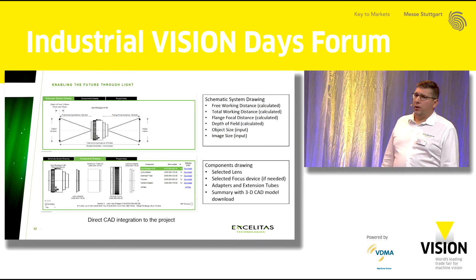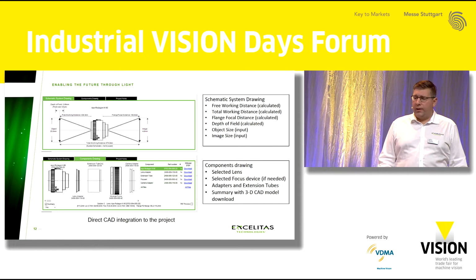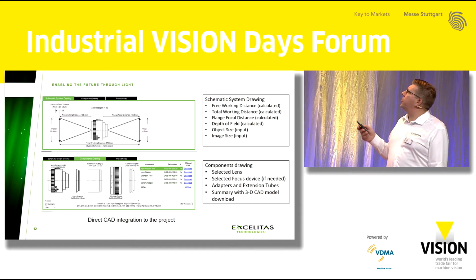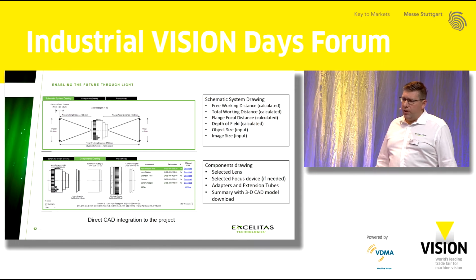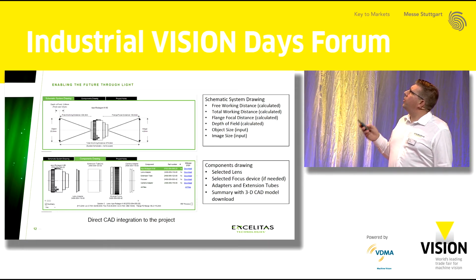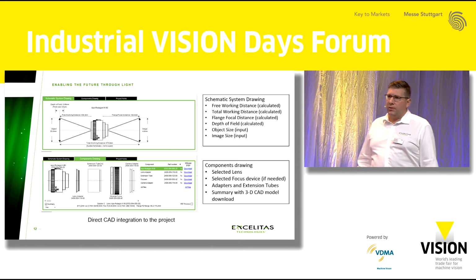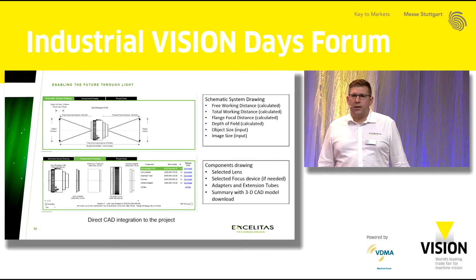Then we have a look at the results table. From the calculation, you get the information about the proposed system. We give here first a schematic system drawing, which shows working distance, total working distance, object size, image size, and proposed lens, and all the information on the depth of field based on the pixel size and on the aperture.